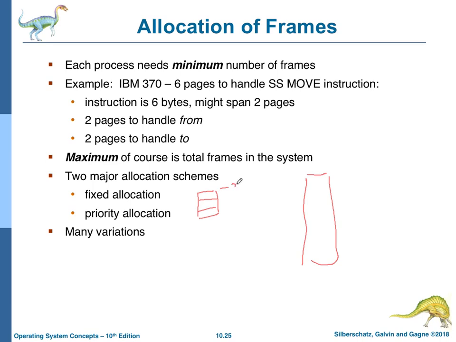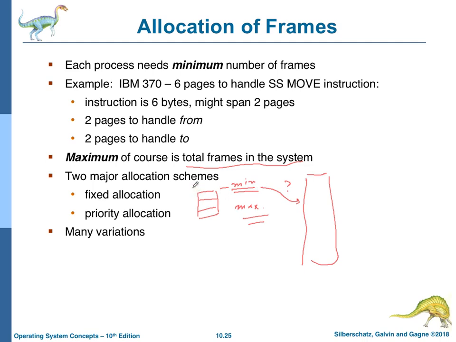The minimum limit is how many pages should minimally be loaded into the main memory so that the process can execute gracefully, right? So we need some minimum number of pages and some maximum number of pages. The maximum is of course the total frames of any process, but the minimum is the number of pages which are only required for execution.